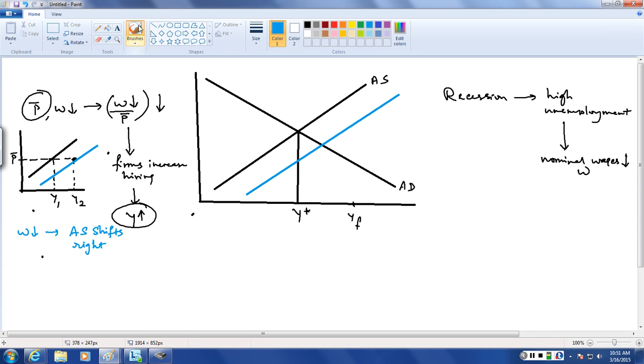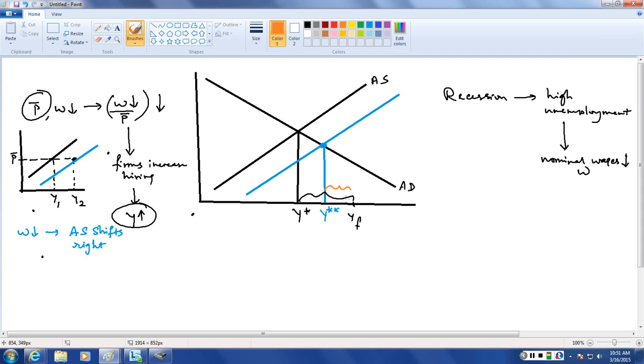We now have equilibrium here. And that translates to a higher level of real GDP. What has happened to the recessionary gap? The recessionary gap used to be this, but it is now going to be, it's narrowed, hasn't it?